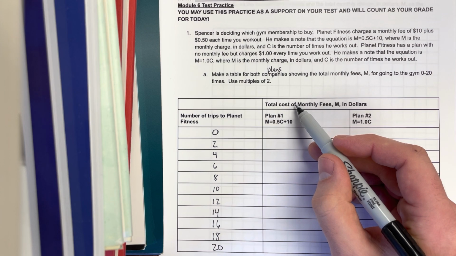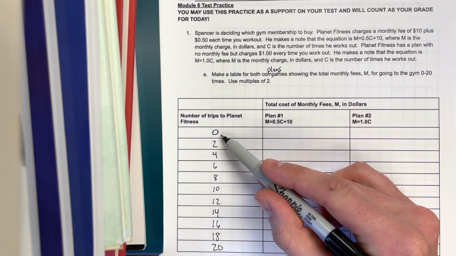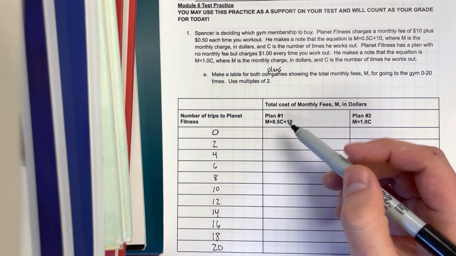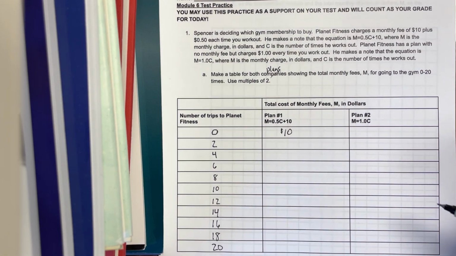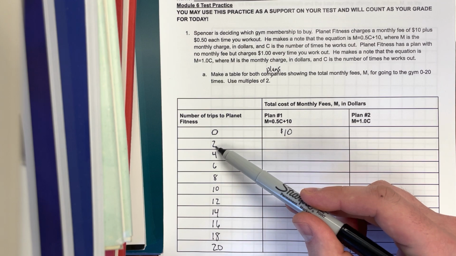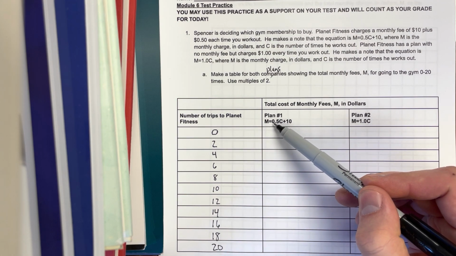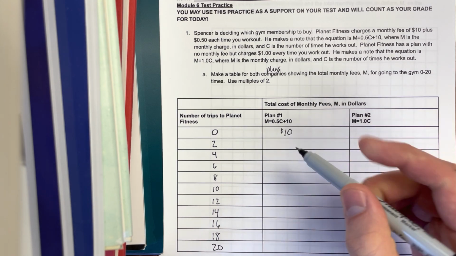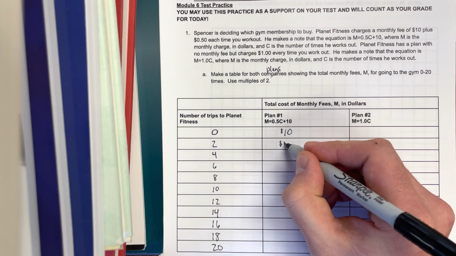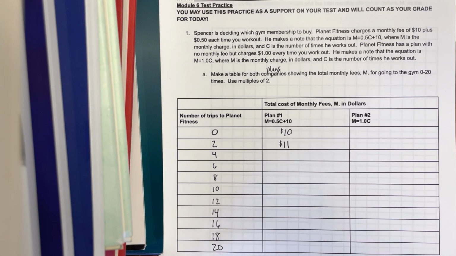So the total cost of going 0 times using this plan would be $10. If we put 2 in for C, 0.5 times 2 gives us 1. We add that to 10. 1 plus 10 equals $11.